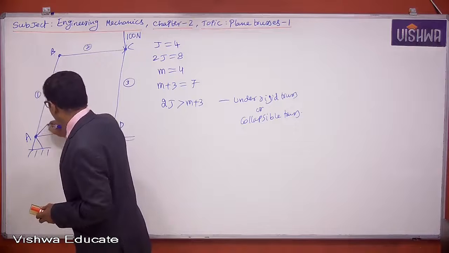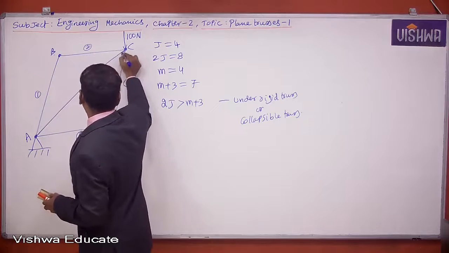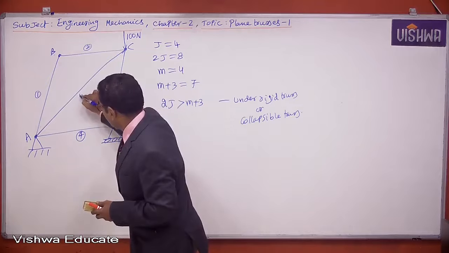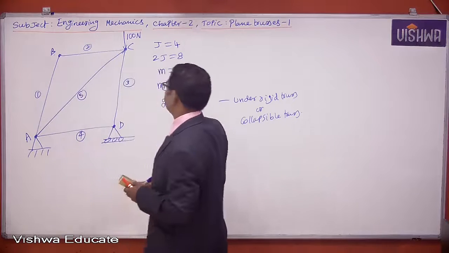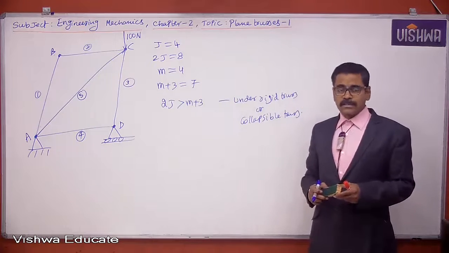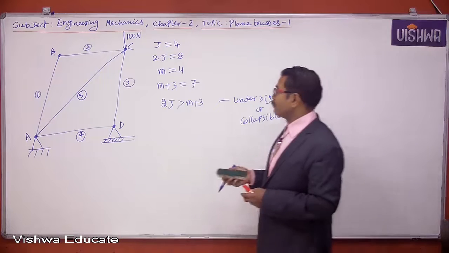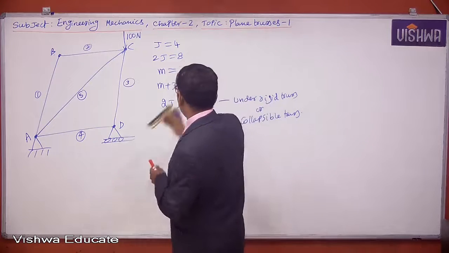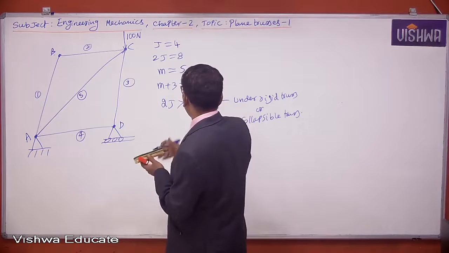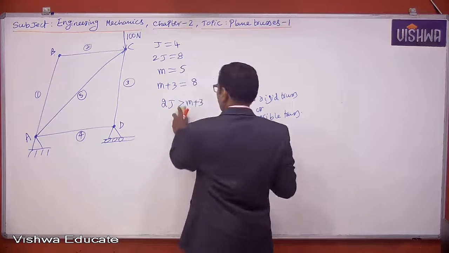Now let us examine another example. I am adding one more member to this truss. This is 5. Here J is equal to 4, the number of joints is 4, but the number of members is 5 here. And 5 plus 3 is 8.